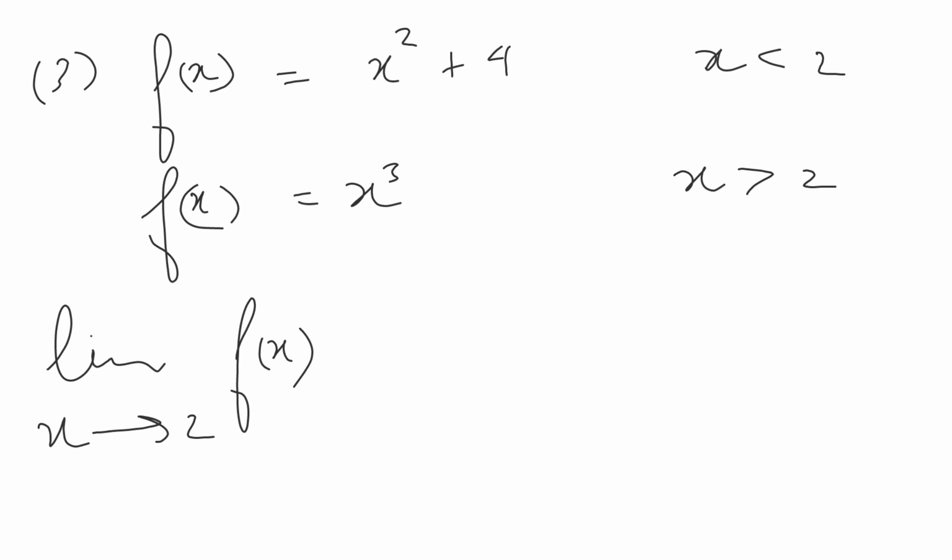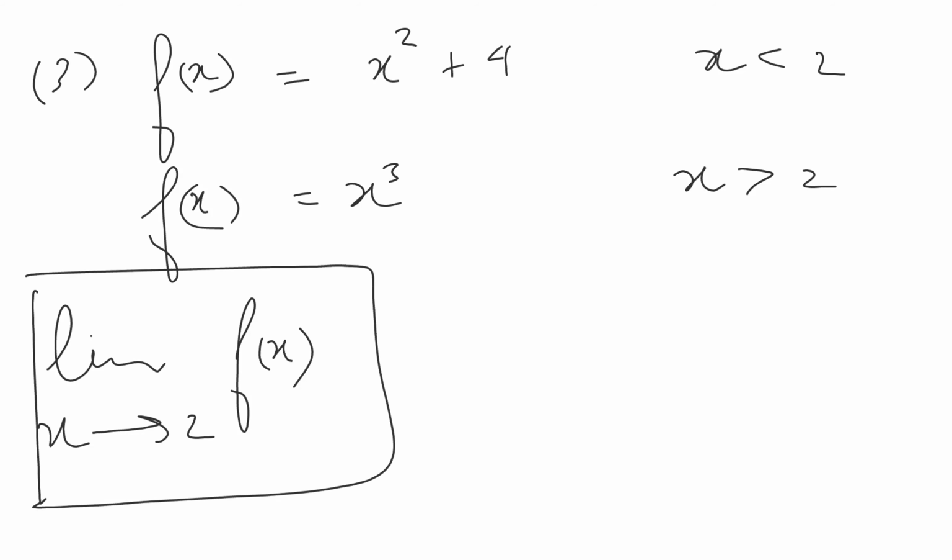So x approaches 2 indicates that x is not exactly equal to 2, but x approaches from the left hand side and from the right hand side. So to find this, we will get the limit answer from the left hand side as well as the right hand side.